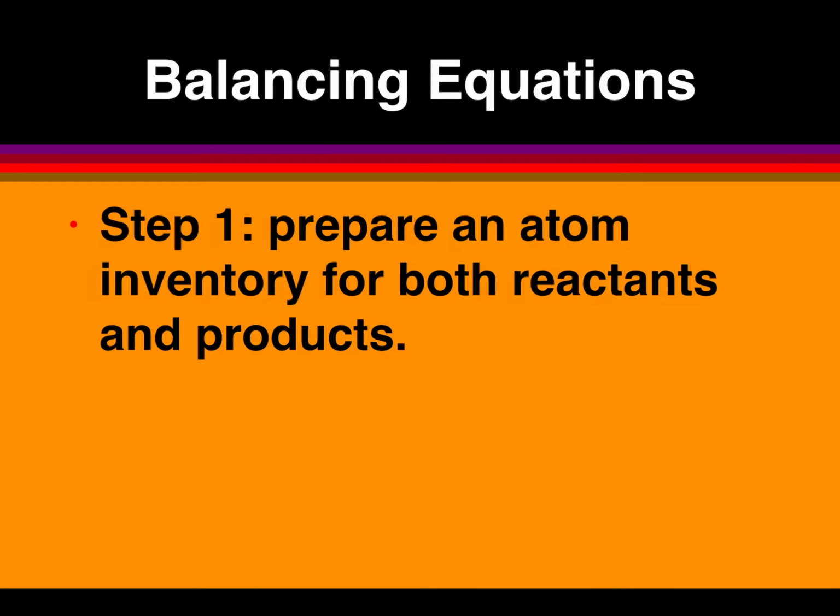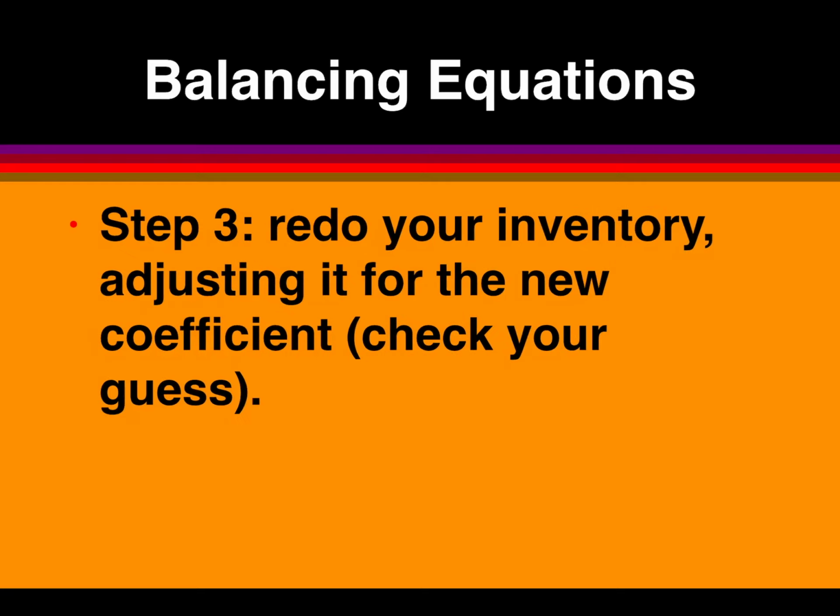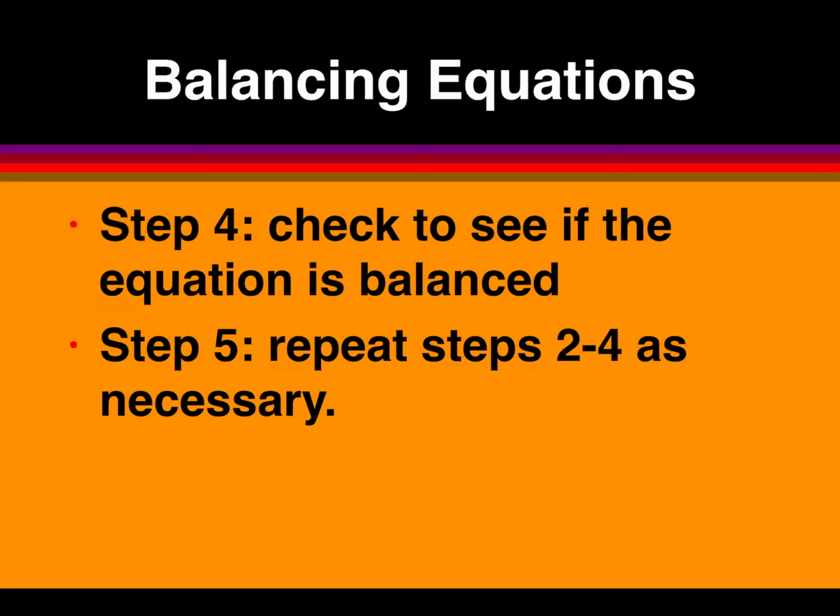All right, so what is the technique for balancing? I tell students, guess, check your guess, keep guessing. But if you need a process, some people prepare an inventory of their reactant and product atoms, then make a guess at balancing one of them, and see the results of that guess by redoing the inventory.